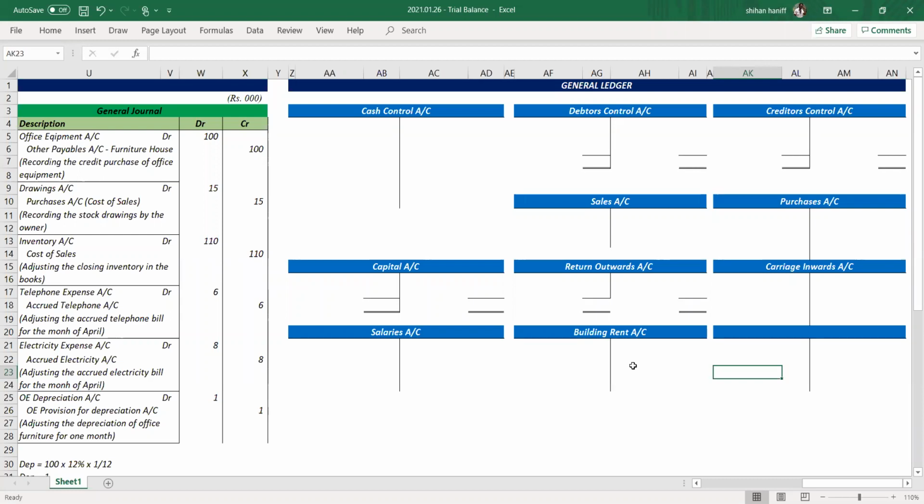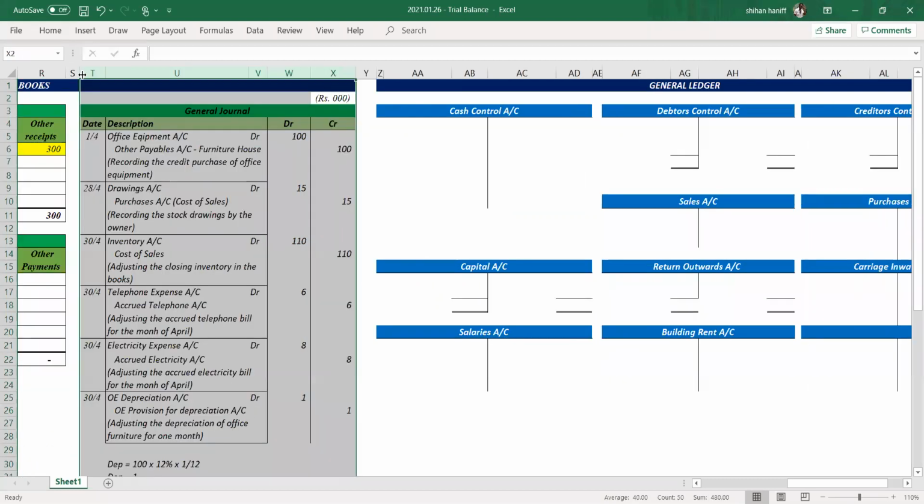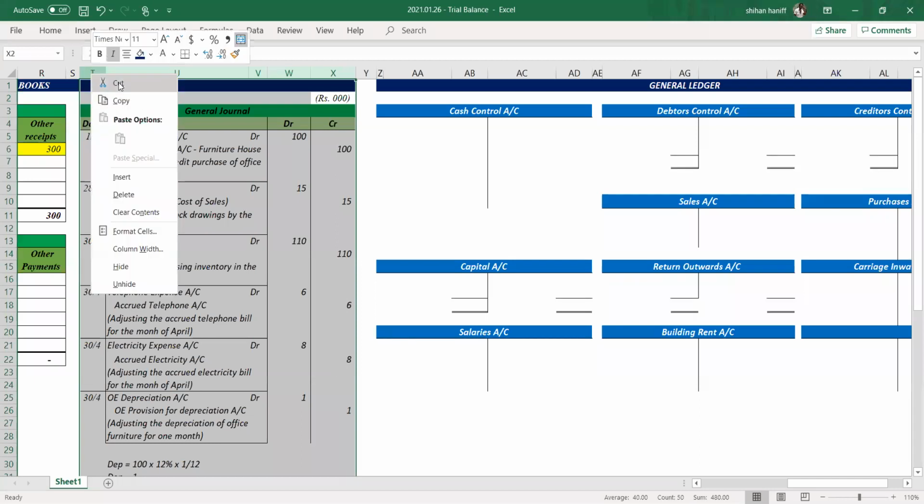This is before the general journal, the transactions. Okay, right. Now we will record these transactions in the ledger accounts.